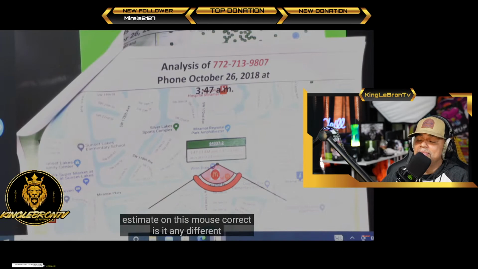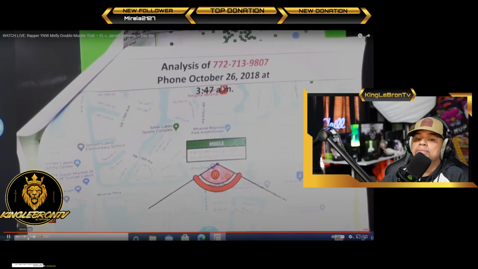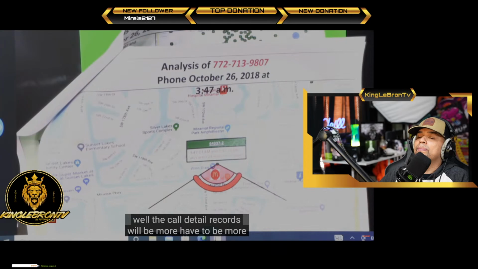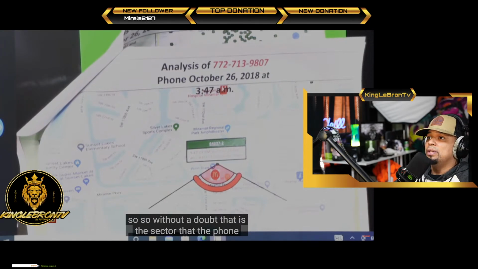Is it any different or any more or less accurate than the call data records, the CDR? Well, the call detail records will be more accurate because they are less precise. Without a doubt, that is the sector that the phone was in.